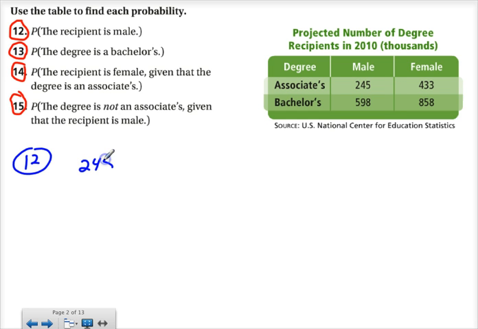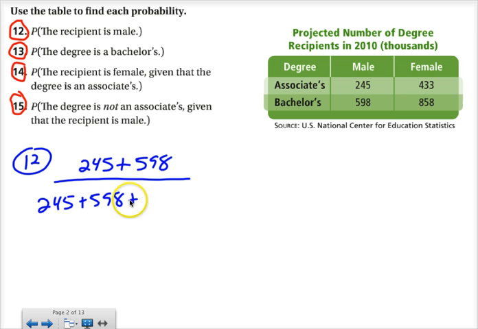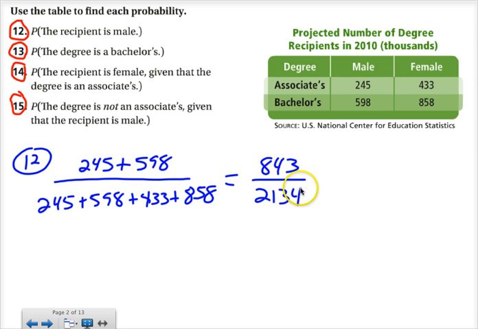And there are 245 plus 598 males out of 245 plus 598 plus 433 plus 858 for the total for everybody in the chart. So for number 12, that's going to be 843 over 2,134.